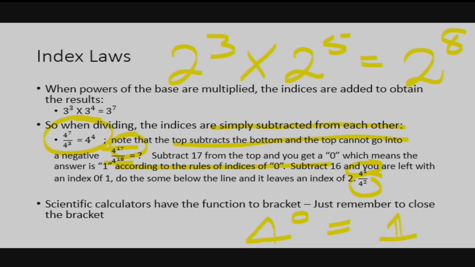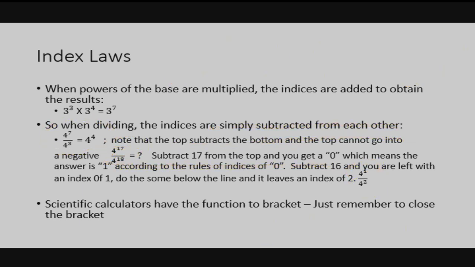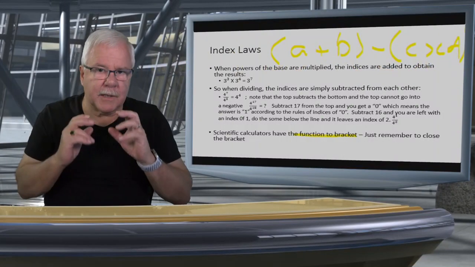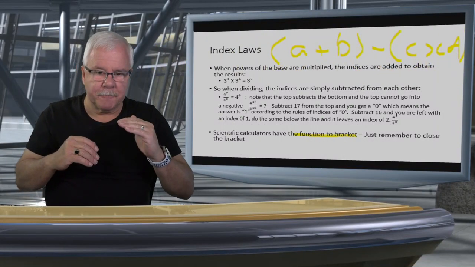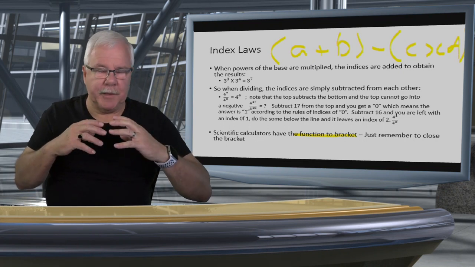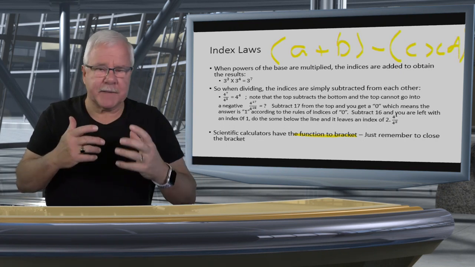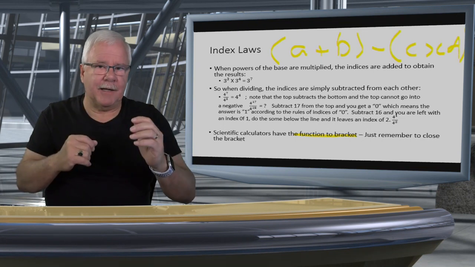Good. Now, the scientific calculators have the function to create brackets. A plus B minus C times D and those brackets. So go and look at your calculators, because whenever you want to open a bracket, it's quite simple. We're working above the line.